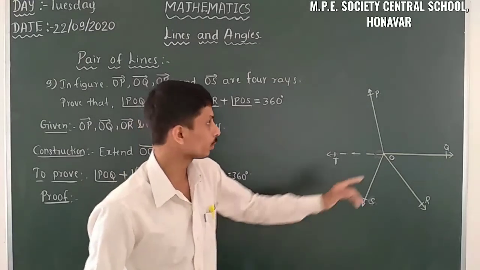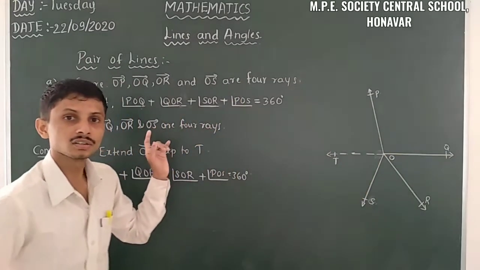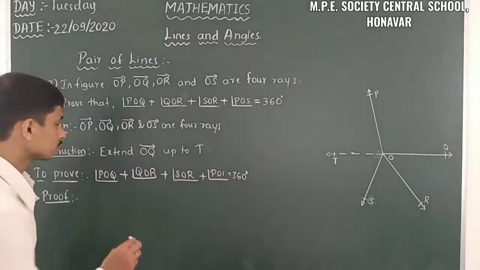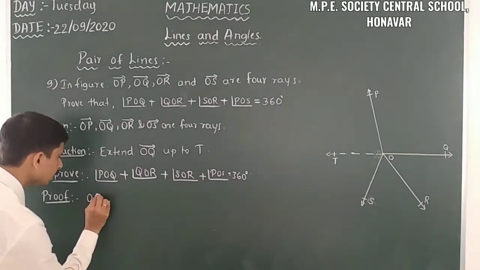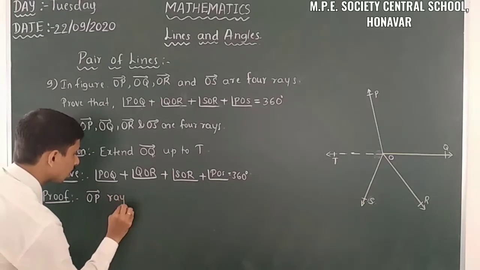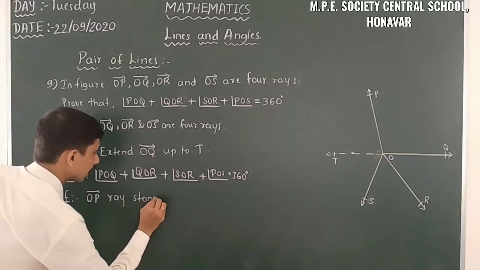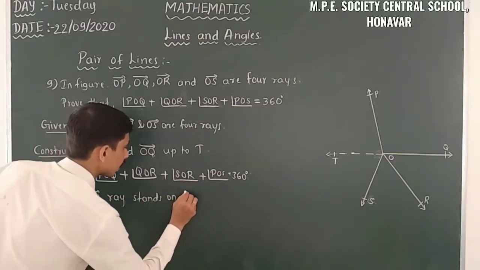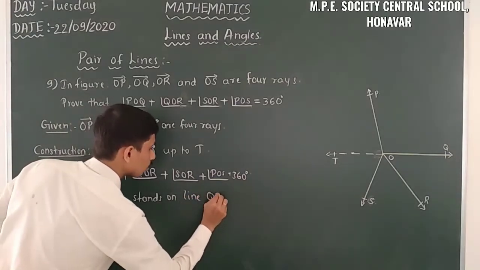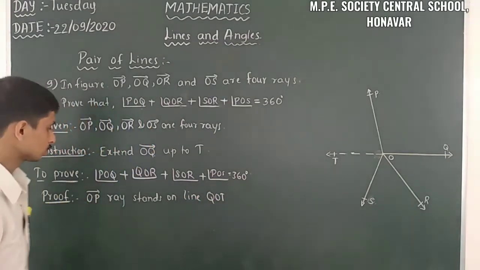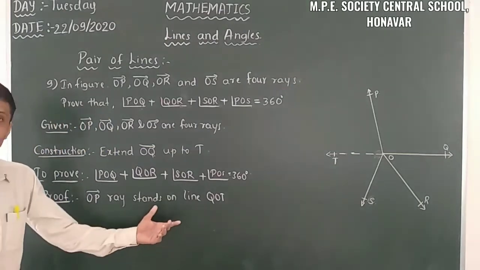So let us take them one by one. First, ray OP stands on line QOT. So let us take axiom 6.1.